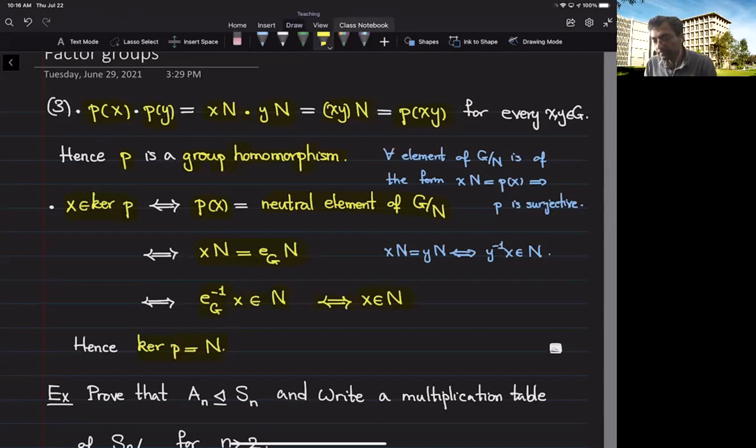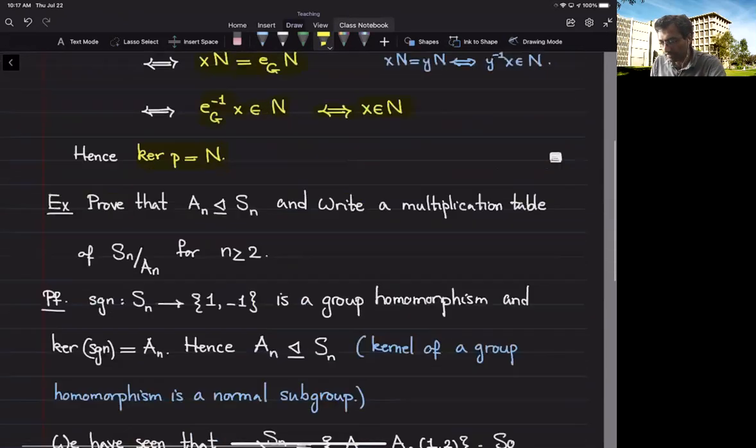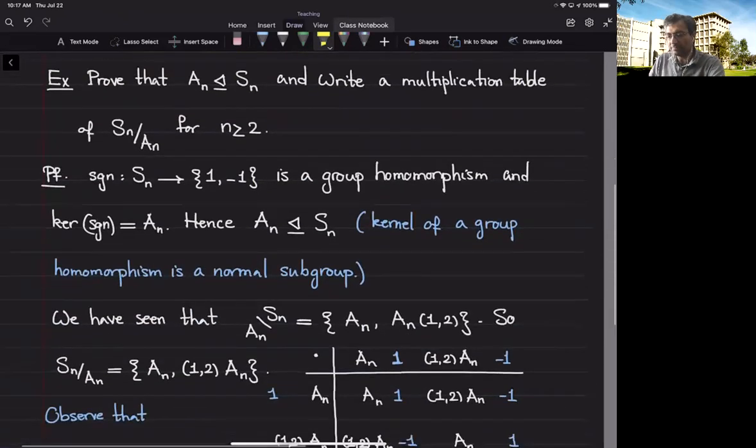Okay, so now we have this mechanism to factor a group by a normal subgroup and get a new group out of that. Let's see some basic examples, and then we see the machinery of understanding the group structure of factor groups. But let's start with this easy example of the alternating group inside the symmetric group.